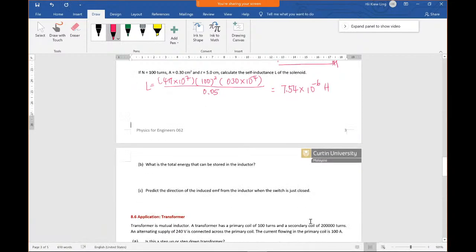So what is the total energy that can be stored in the inductor? Total energy in inductor is given by half L i square. Okay, so predict the direction of the induced EMF from the inductor when the switch is just closed.